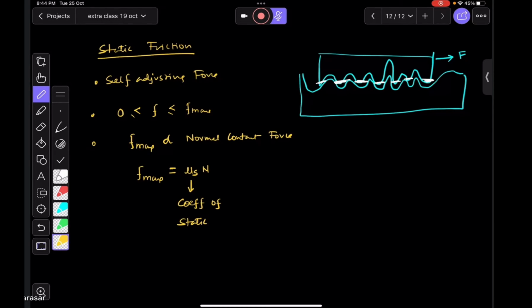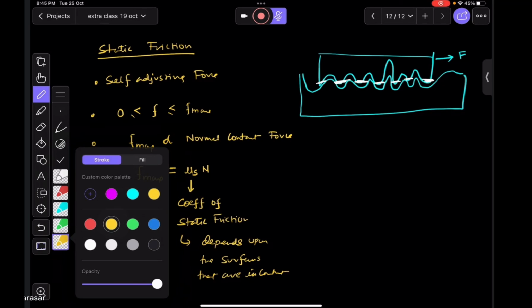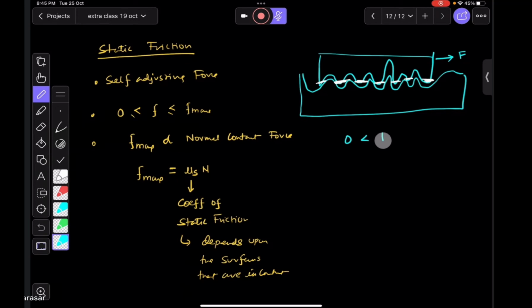That's why mu s takes care of that. So the coefficient of static friction depends upon the surfaces that are in contact. Our static friction is going to lie between 0 and a maximum value, which is mu s times N.